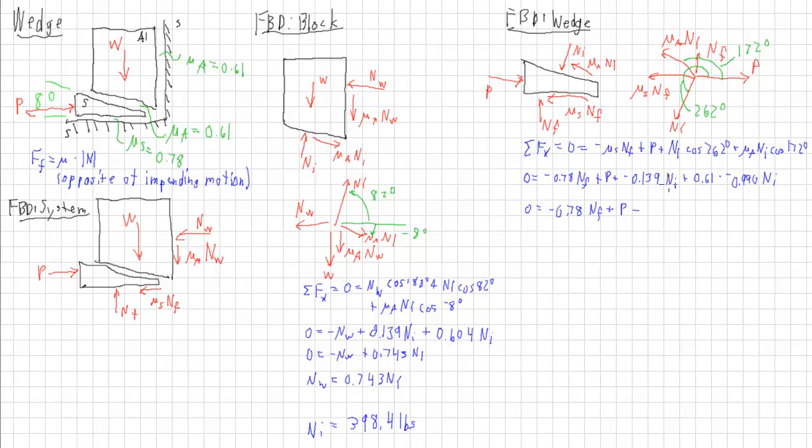If I combine these terms together, it's negative 0.743 Ni, and Ni is 398 pounds.